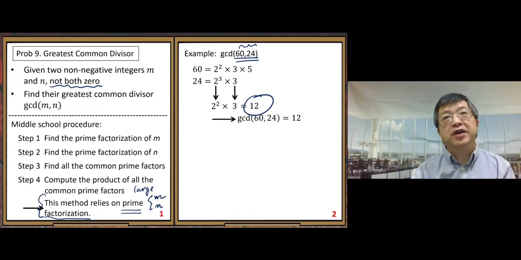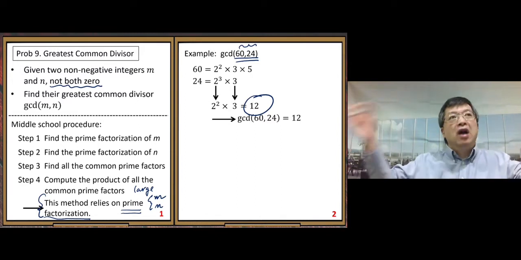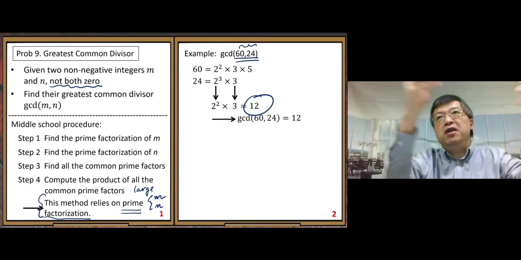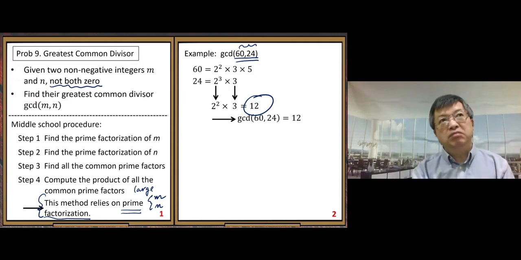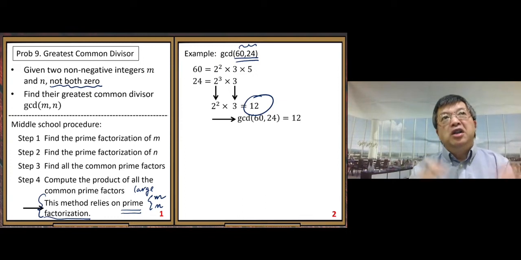Even if you use a super powerful computer, it is still very slow. You need to wait a long time, hours, even years, if the number is huge. I'm talking about several thousand digits.